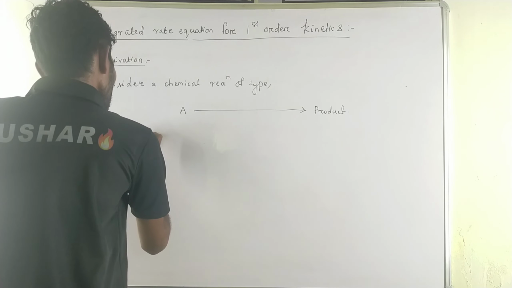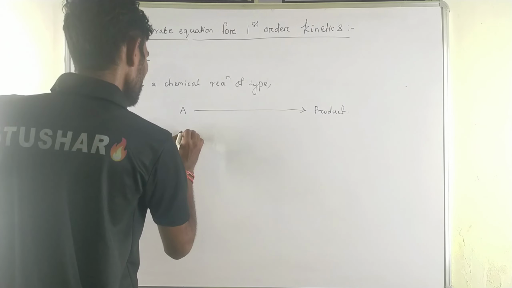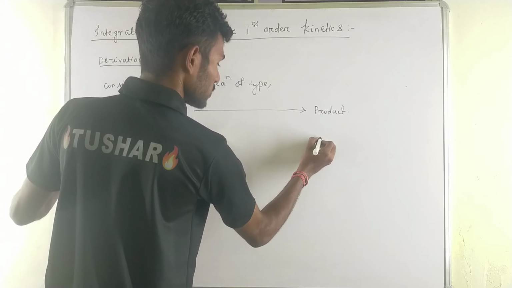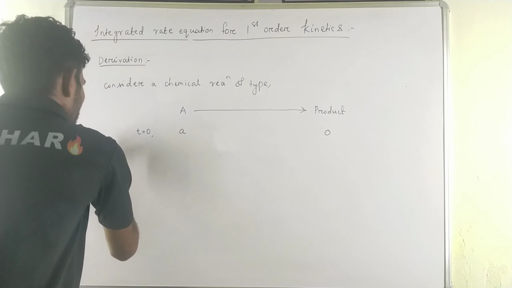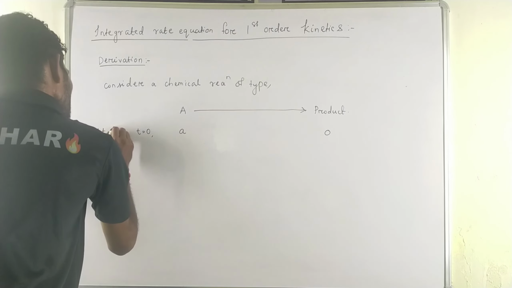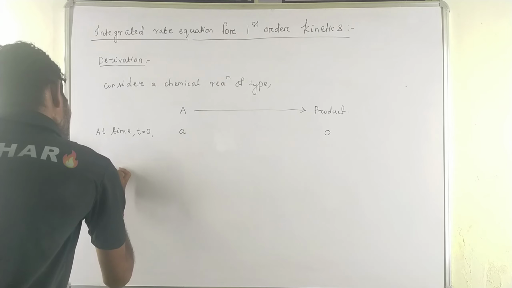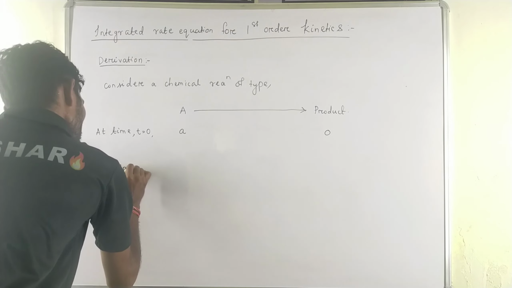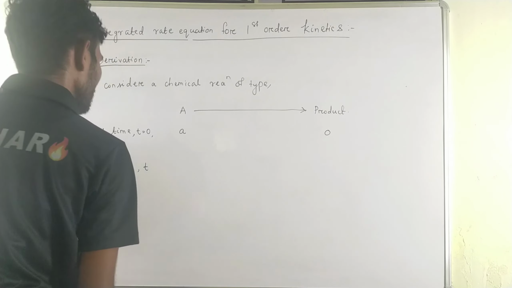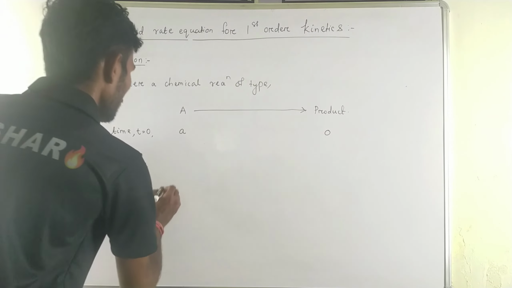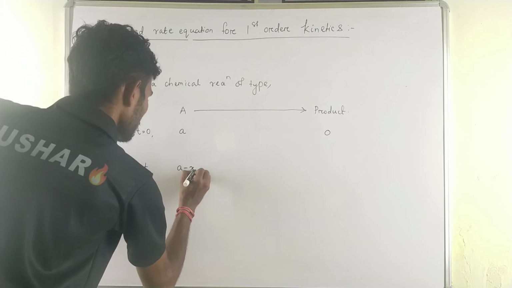Let at time t equal to 0 the concentration of A is a and the concentration of product is 0. At time t, let the concentration of A be a minus x.